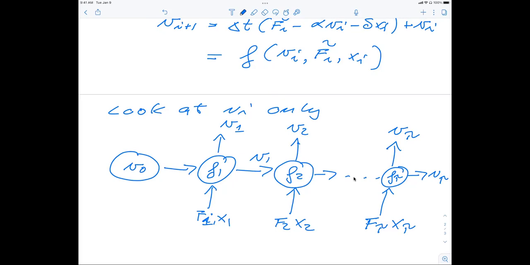You know the value of this force, you know the position, and you measure the velocity. And this is a typical example of a time series of measurements over given times. And what you could think of now is that these functions f are going to be replaced by the architecture of a neural network.